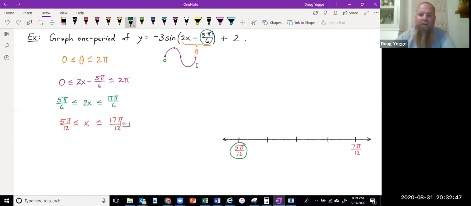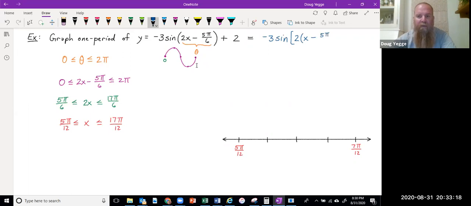So that's because when we end up wanting to find our transformation, we need to recognize that this function is actually the same thing as -3 sine of, and now if I factor out a 2 from both of those terms, the first term gives me x, and if I divide this by 2, I now get 5 pi over 12.